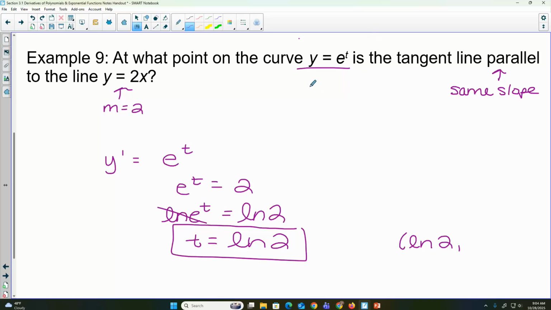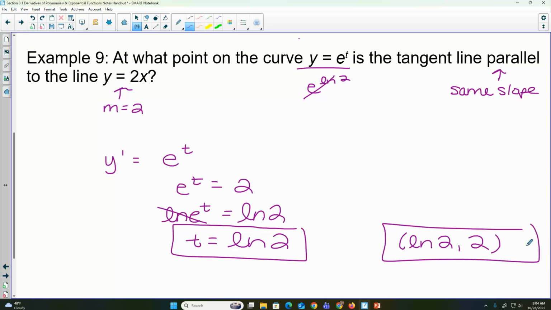If I said e to the natural log of 2 power, and e and a natural log always cancel each other, so you just get 2. Any questions on that one?